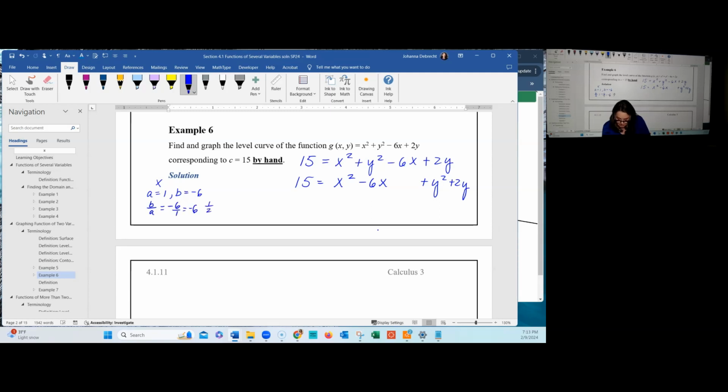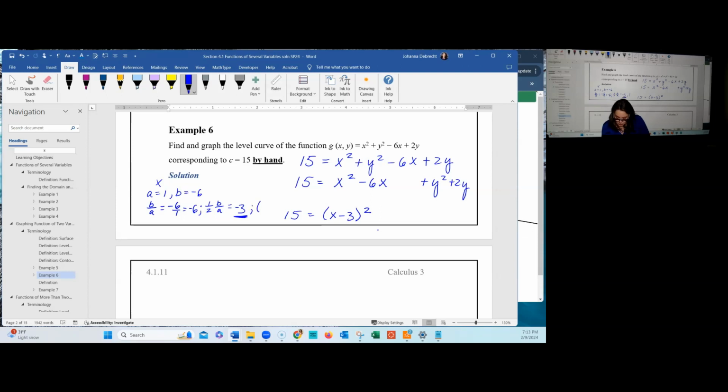Take half of that value and you'll get negative 3. When this factors, it will factor as x minus 3 quantity squared. This is coming from this value here.